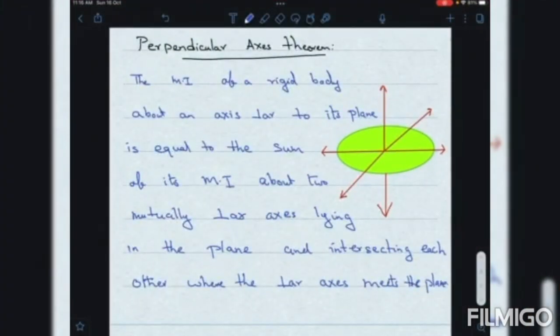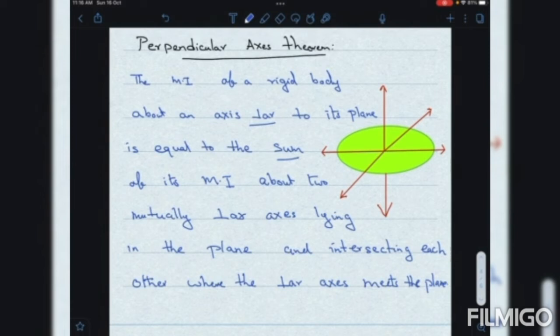Now looking into the perpendicular axis theorem. Here we have to again state the theorem. It is very simple. It is stated as: the moment of inertia of a rigid body about an axis perpendicular to its plane, the other one was about an axis parallel to its plane, here it is perpendicular to its plane, is equal to the sum of the moments of inertia about two mutually perpendicular axes.